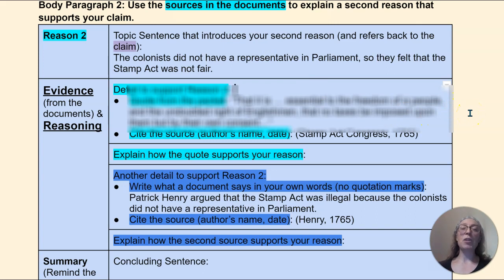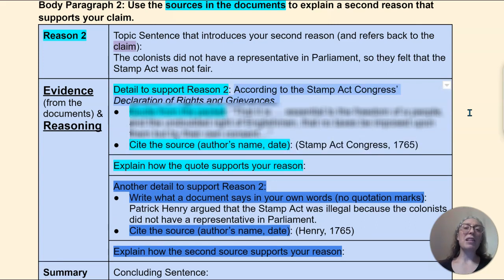And so I'm going to introduce that first, so that readers know what it's about. I'm going to introduce my quote with who said it. It was the Stamp Act Congress. So according to the Stamp Act Congress's Declaration of Rights and Grievances, and then I'm ready for the quote. So this is not a complete sentence, but when you put it together with the quote and the citation, it is going to be just right.